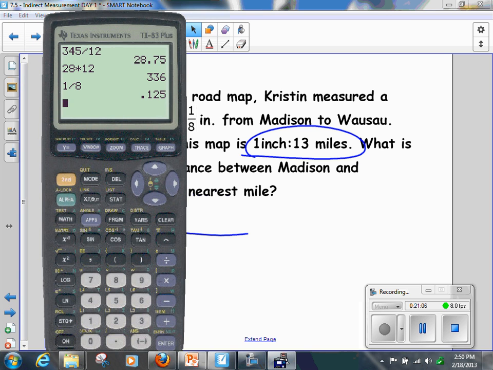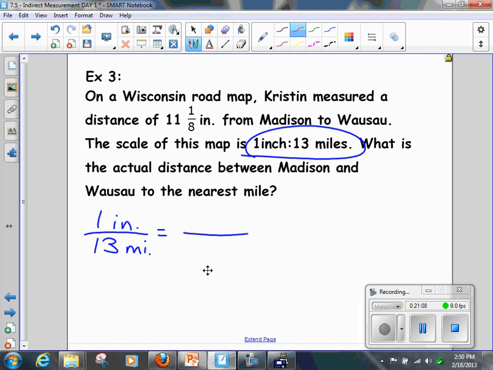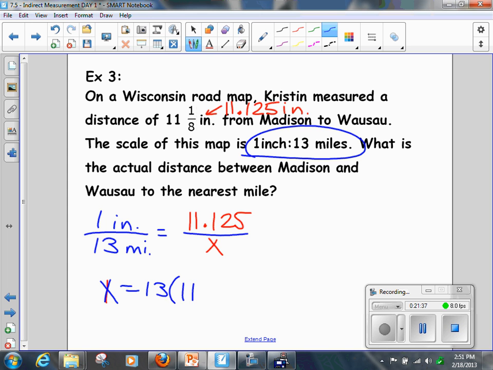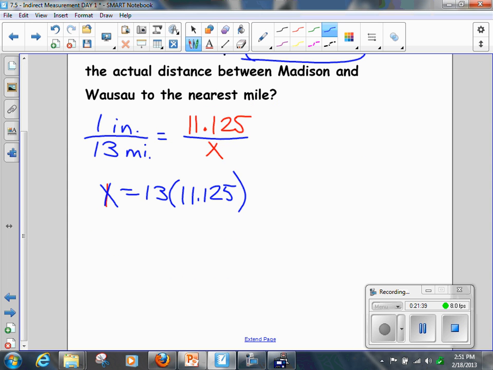Now I'm going to take 11 and we're going to change 11.125 inches. Where does 11.125 go? Why? Because the inches are on top. So I've got 11.125 and I want to find the nearest mile, folks. How can I do that? Cross multiply. 1 times x is x. 13 times 11.125.